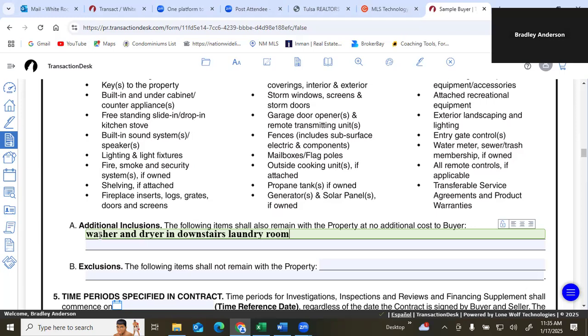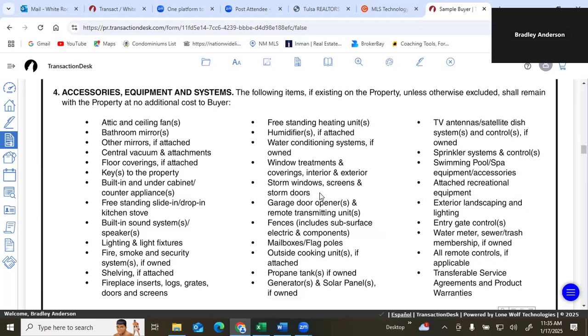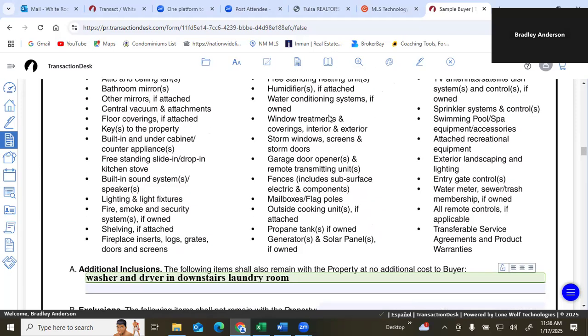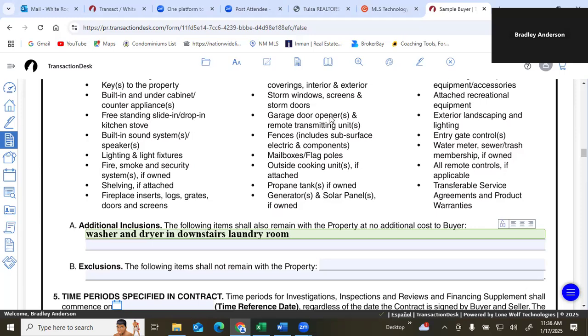Okay. Be as specific as possible. All right. So maybe that's what it is. All right. So similarly, as it's set up here, hey, these are included unless it says they're not. So let's just use as an example a common one, which is, see where it says here, lighting and light fixtures?